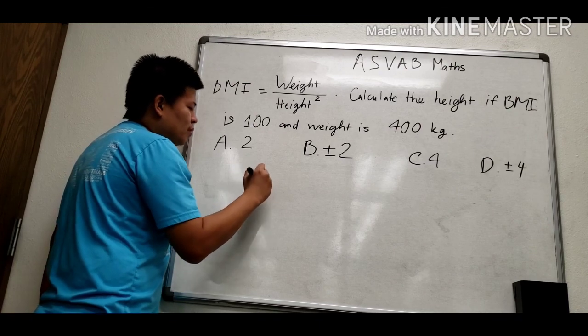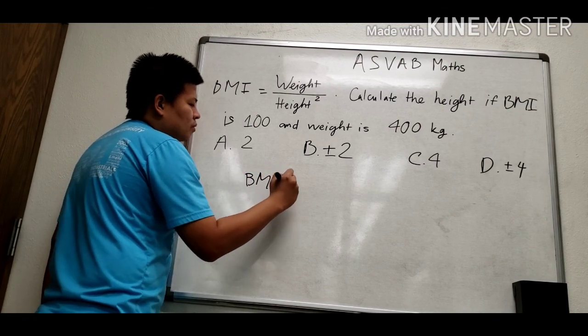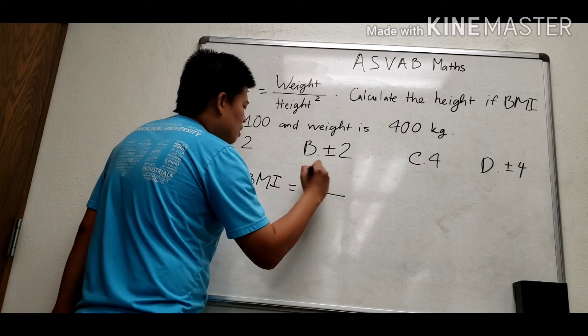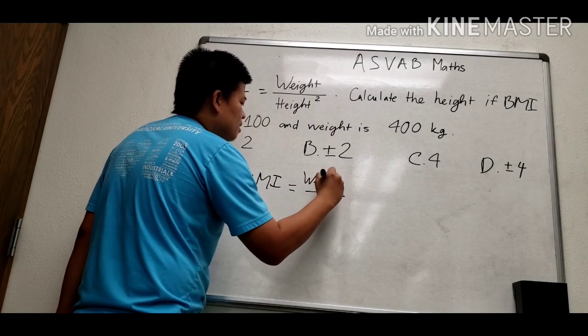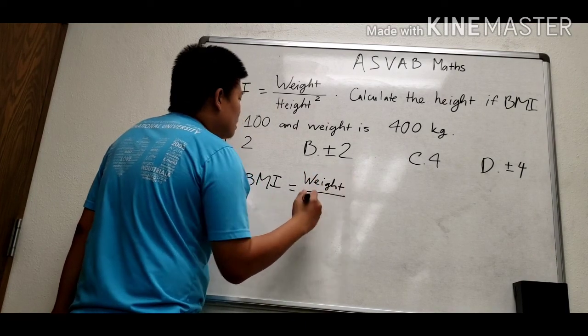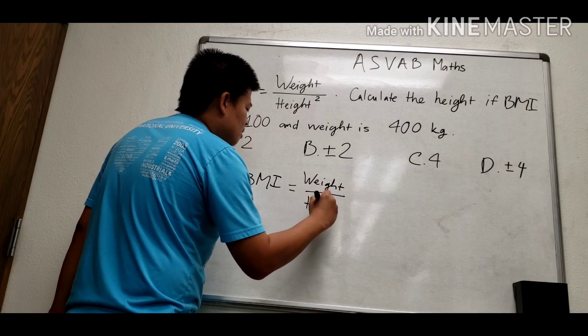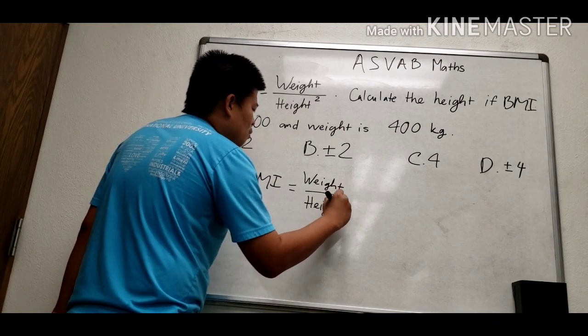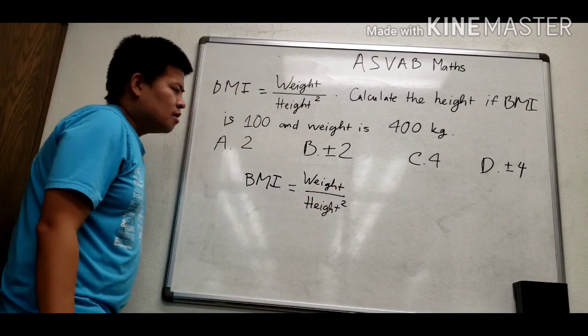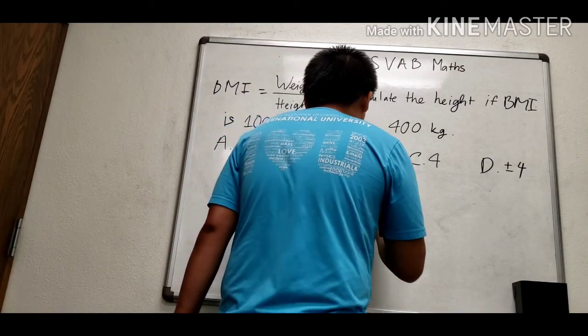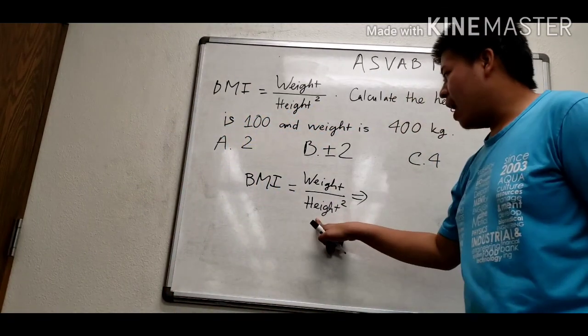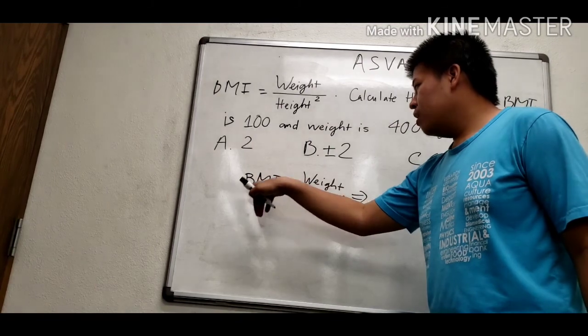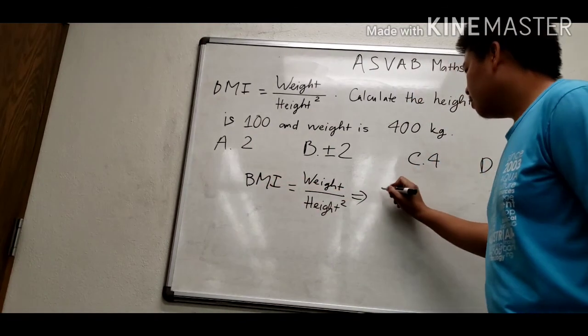So we just put BMI equal to the weight divided by height power 2. So in here, we put the height in this one and BMI move to here.